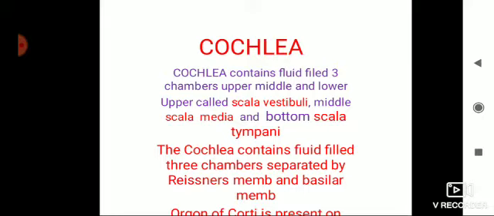Cochlea contains fluid filled chambers, and the parts of the cochlea are scala vestibuli and scala tympani. Cochlea contains fluid filled chambers, and the cochlea has two membranes, Reissner's membrane and basilar membrane.